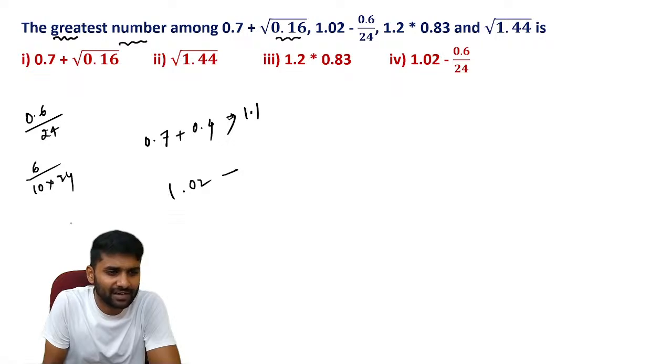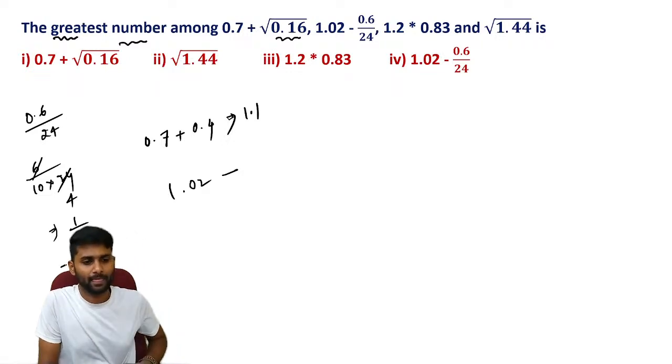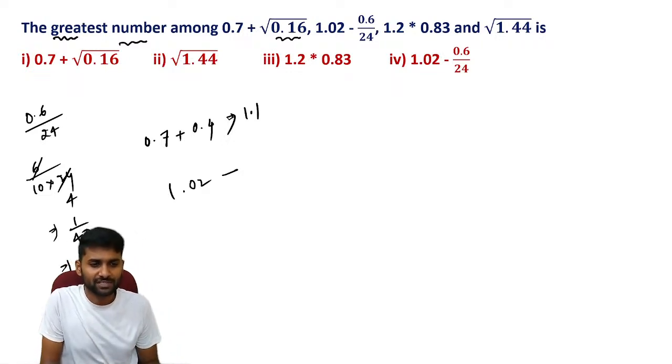Now you can cancel the value. 6 is multiplied with exactly 4 times. Now see, 1 divided by 40. If 40 is multiplied 2 times, you will get 0.025.